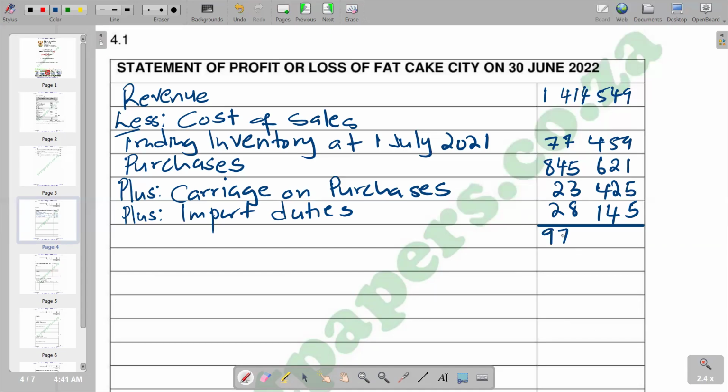And then I'll get a total of 974,650. Then the description of that figure is going to be inventory available for use.